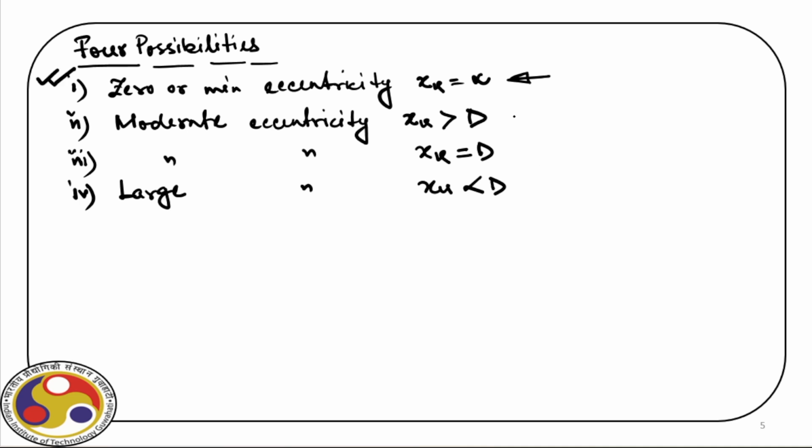Our main focus is here when XU is greater than D, and finally this one when XU is less than D. Now, this case is a special case. So once we solve case 2, we can easily solve case 3. So our focus will be to model case 2 and case 4, right?